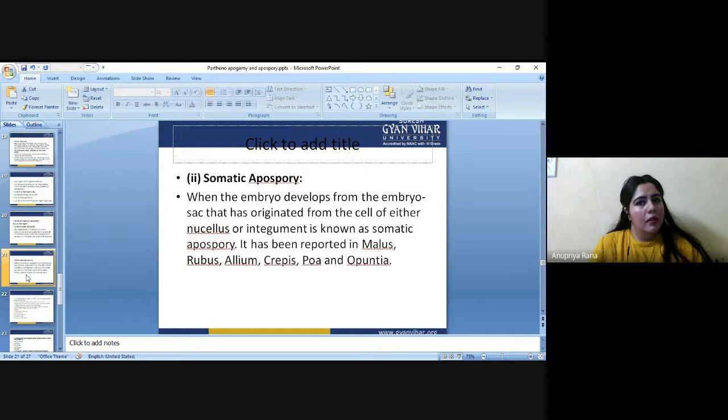In generative apospory, the embryo sac develops from the archesporial cell, but in somatic apospory, the embryo sac develops from an integument or nucellus cell. Okay, this is the basic difference between generative and somatic apospory.